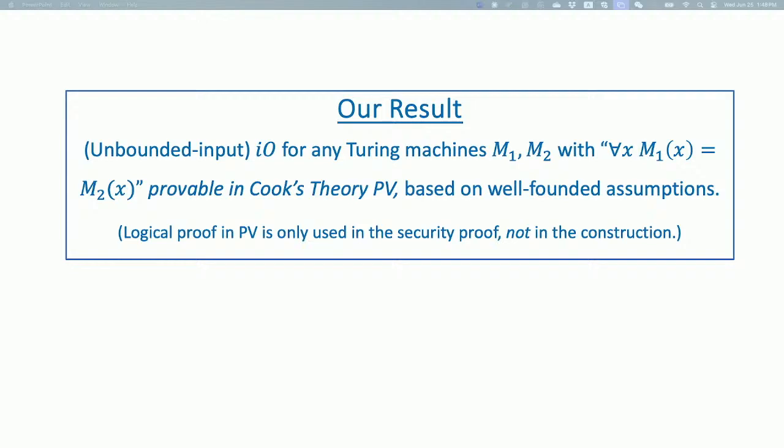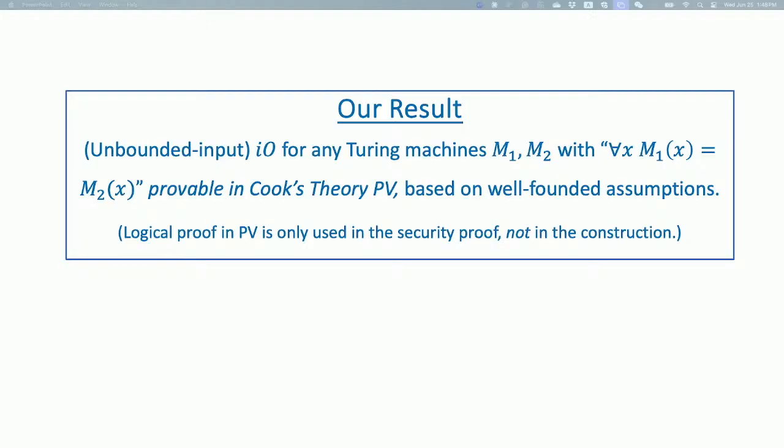Okay, based on this observation, here is our result. We construct I/O for unbounded input Turing machines M1 and M2, where the functionality equivalence can be proved in a formal logic system called Cook theory PV.